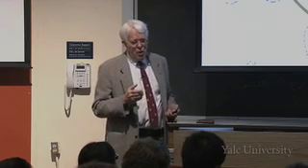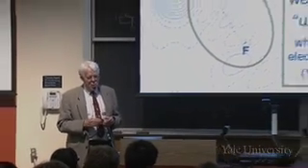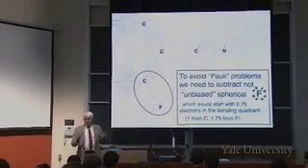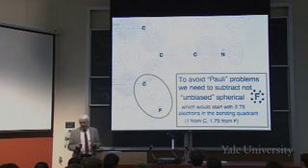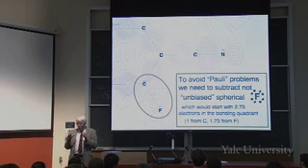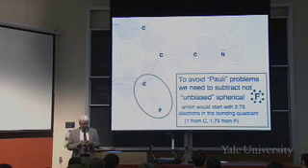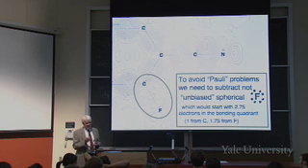Now, to avoid Pauli problems, and this isn't the time to discuss what those are, we need to subtract not an unbiased spherical fluorine atom, which, if you count up how many electrons there are on fluorine, each quadrant of space around fluorine, of which there will be 4, will have 1 3/4 electrons in it.